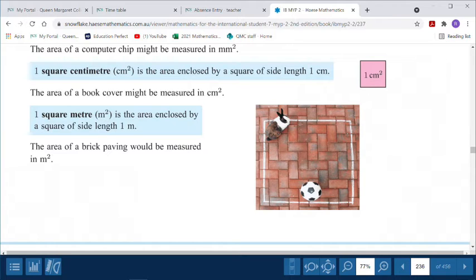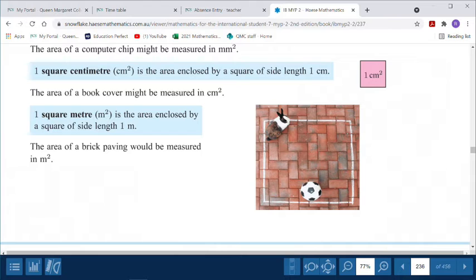Centimeters would probably be better. Right, yeah. What if I was measuring the area of the end of this pencil? Millimeters. What if I was measuring the area of the room? Meters. Definitely meters. What if I was to measure the area of New Zealand? Kilometers squared, right.